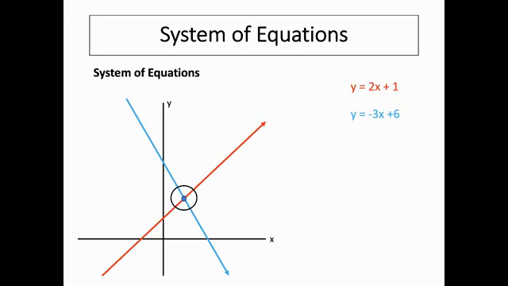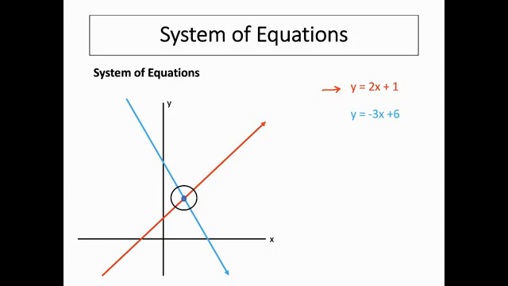Now, another thing to keep in mind is that any line, any linear equation, the line is actually showing us visually all the solutions to that equation. So if I wanted to find out what this line looks like for this equation, and I looked at any particular point, if I put in 1 for x, I would get 2 times 1 plus 1 is 3.